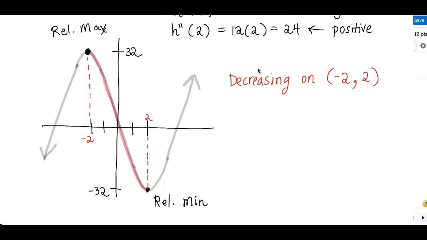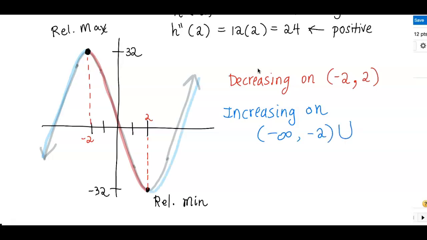It's going down from left to right. Now, how about increasing? It's going up from left to right, first from negative infinity to negative 2, union, the second increasing interval is from 2 to positive infinity. So I have my answer.